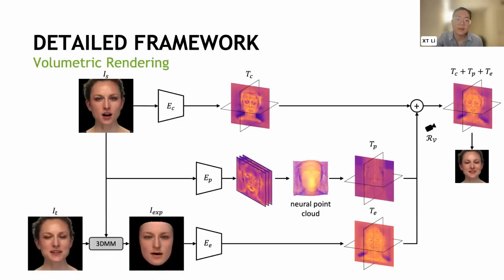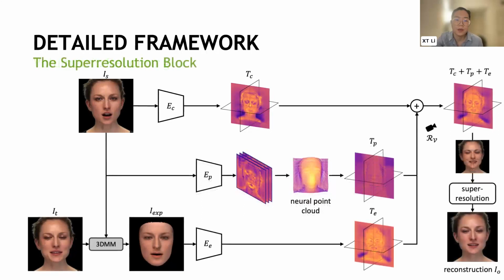And by adding the 3 triplanes, the canonical, appearance, and expression triplanes together, we have our final 3D animation results. Then we can carry out the volumetric rendering on the final triplane to produce a low resolution image with both desired identity and expression. And finally, we also have a super resolution block to synthesize the high resolution animation results.